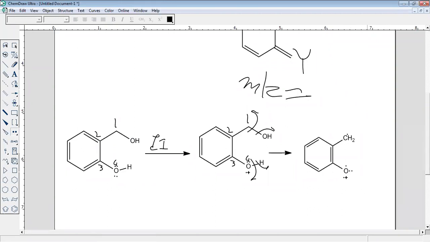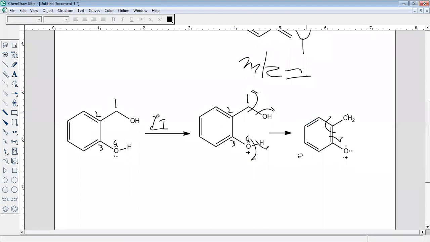Now see, this bond undergoes adjustment. This pi electron breaks, and this bond forms here, and this bond forms like this. Ultimately, we can have it like this.